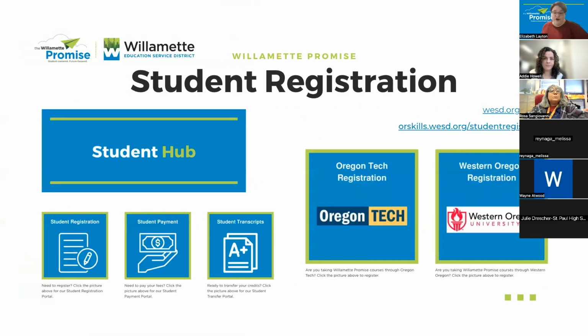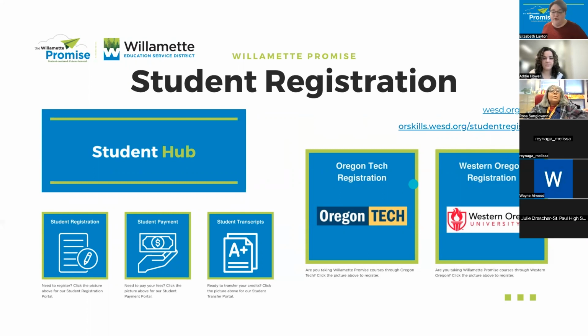So when students are ready to register for the Willamette Promise program, for a course through Western Oregon, they need to complete a 2-step application. So either they can visit the OrSkills website, wesd.org/student registration. That takes them directly to the application.